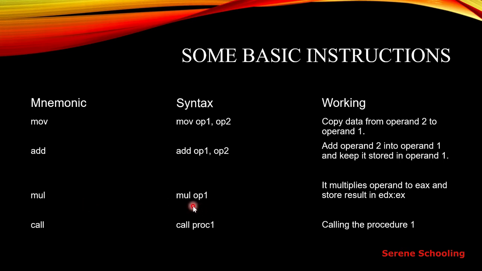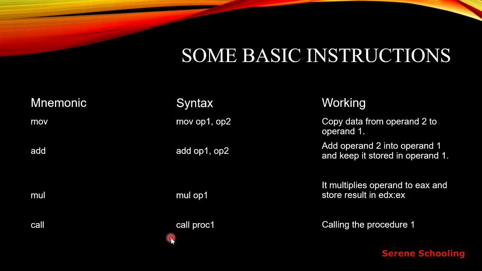Here we have only one reference, unlike the above, right? It multiplies the operand with EAX and stores the result in EDX:EAX. So although it takes only one reference, whatever value is moved into EAX will be multiplied by OP1 and the result will be stored in the EAX or EDX register. We will see in the next slide what this EDX and EAX thing is.